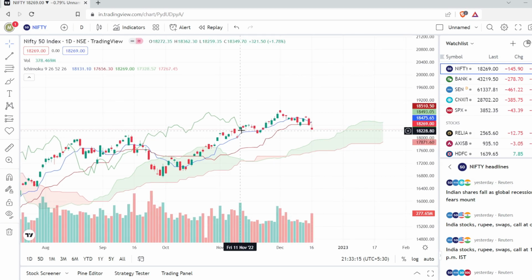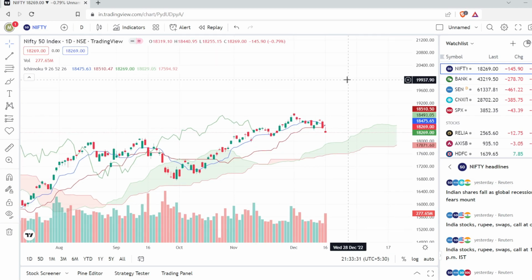In this case, the lagging span is exactly at the last 26 days price. Last 26 days before was November 11th, and as you can see, Nifty was at the same level as it is today. So the lagging span is absolutely at the point where Nifty was 26 days ago, right?